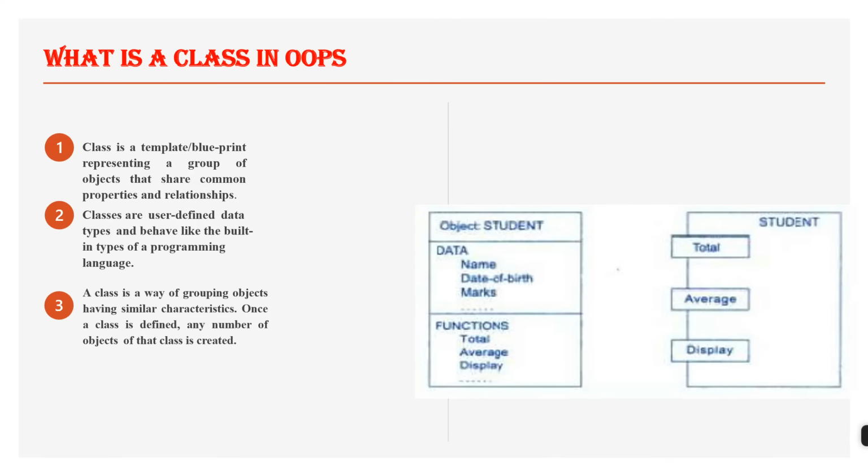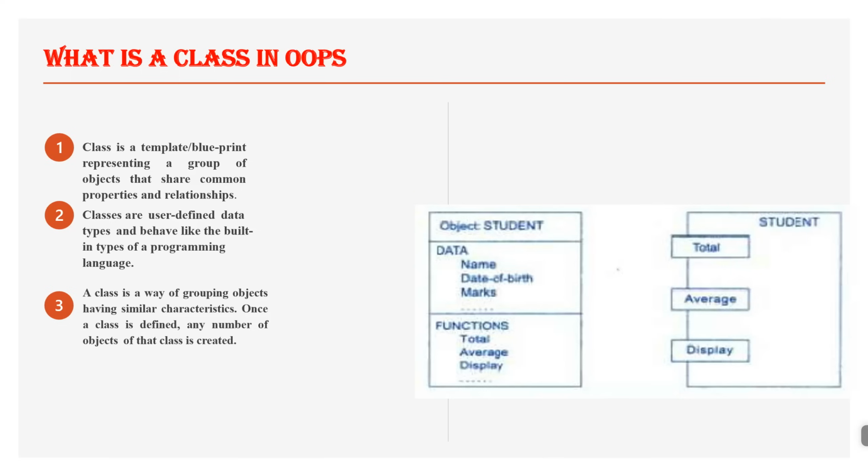Also, a class is a way of grouping objects having similar characteristics. Once a class is defined, any number of objects belonging to that class can be created. So what does it mean?